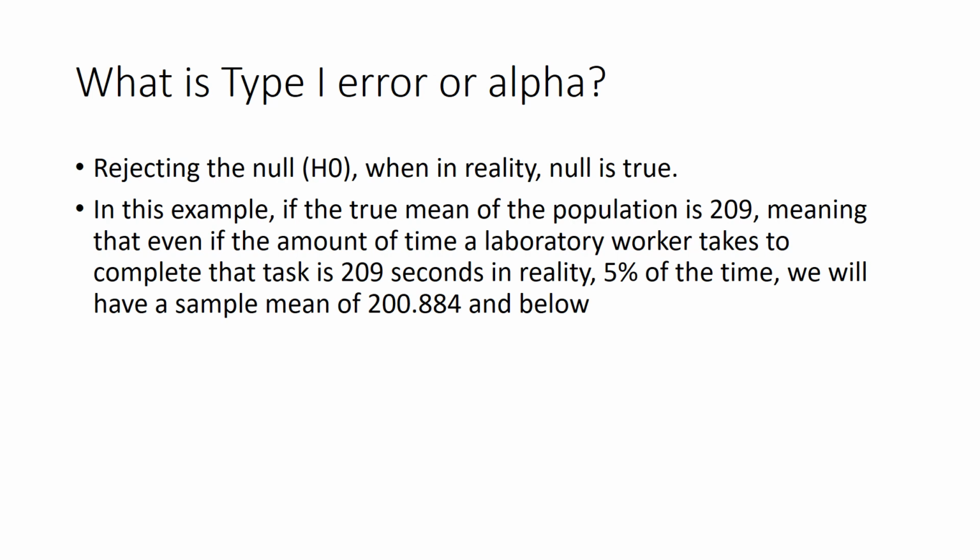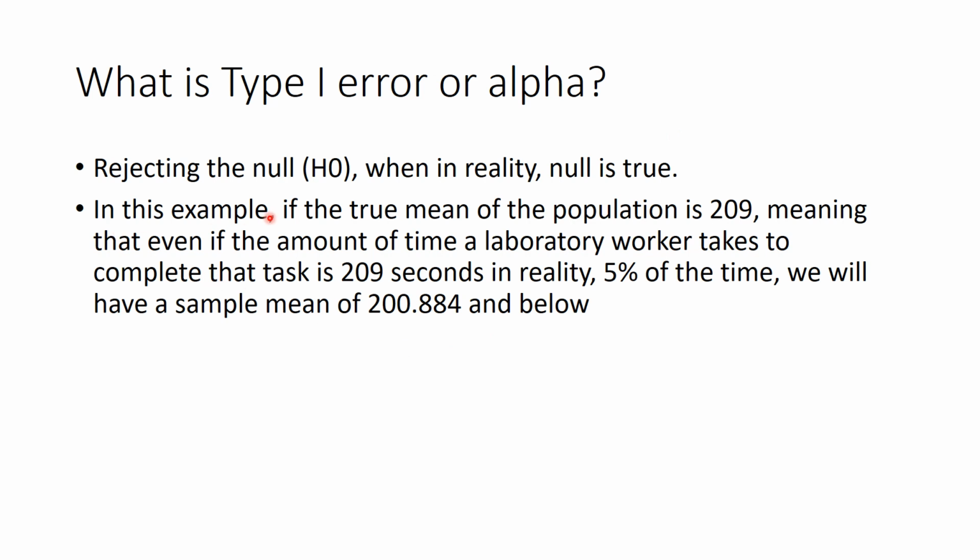Just a quick reminder, what is type 1 error or alpha? It's basically rejecting the null hypothesis when in reality our null is true.